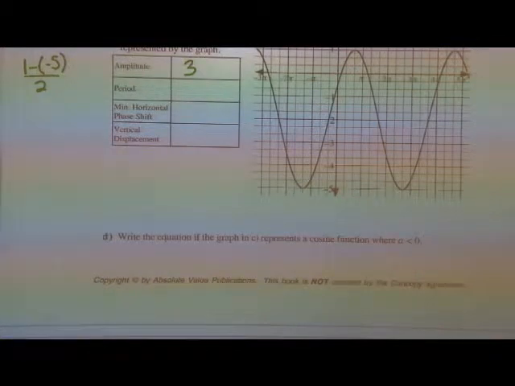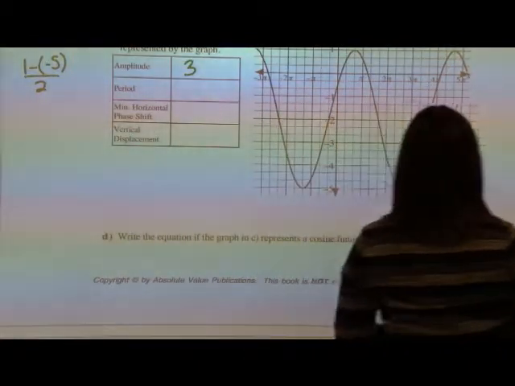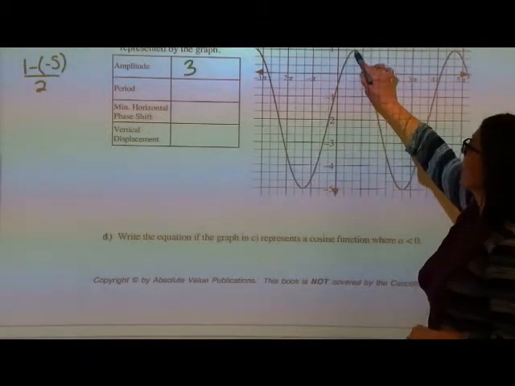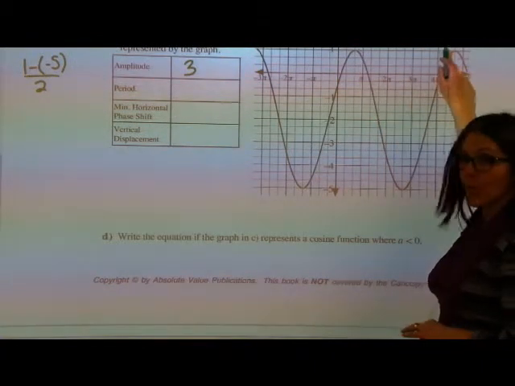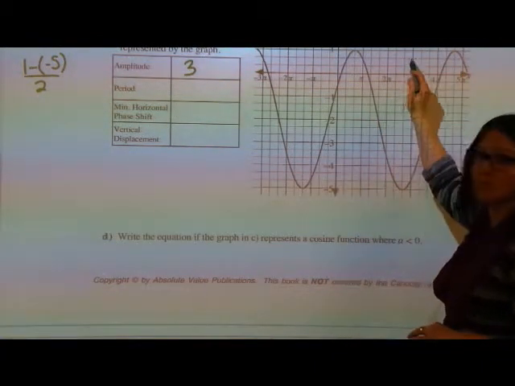How would I calculate the period? But when I'm calculating period, I want to either go from a max point to a max, or a min to a min, or sometimes the intercepts.